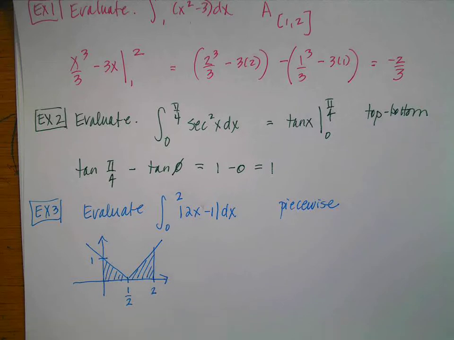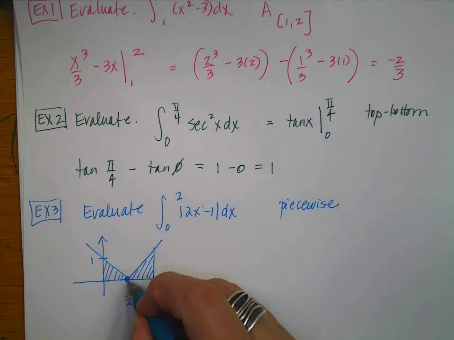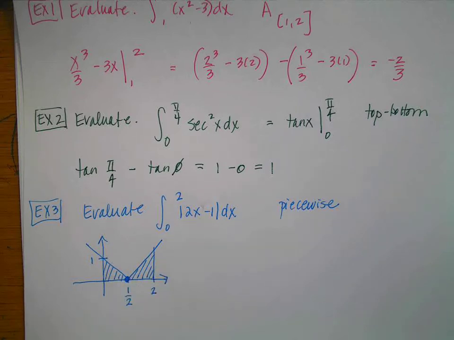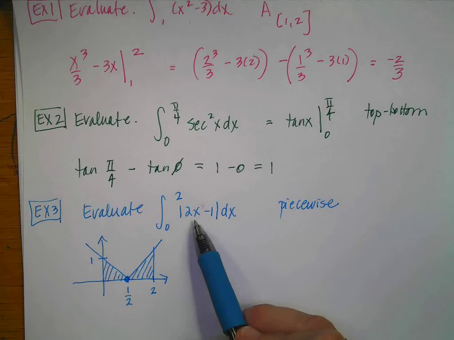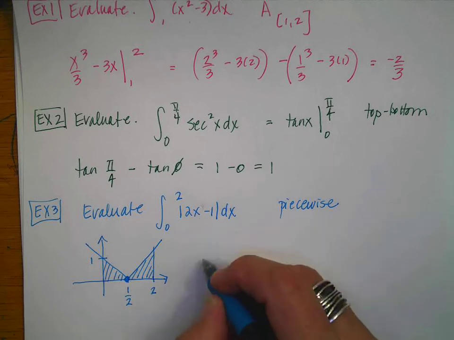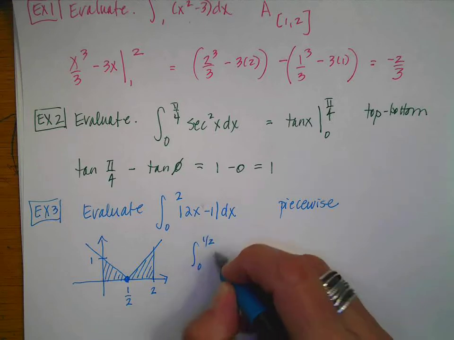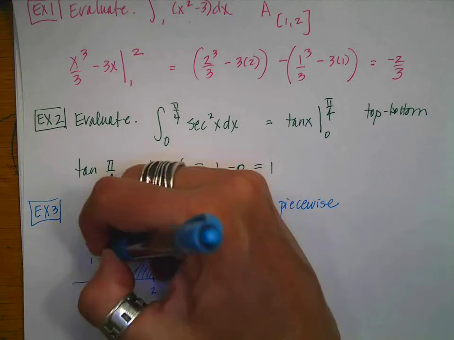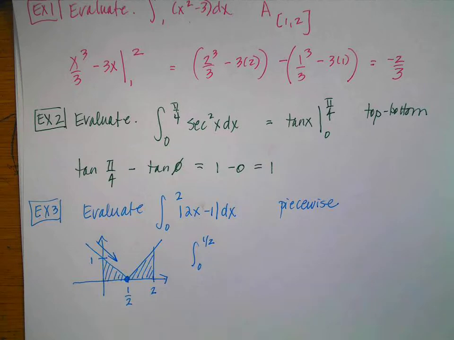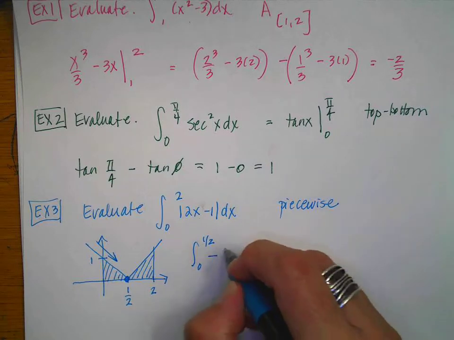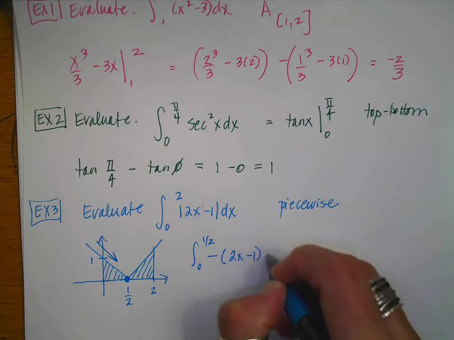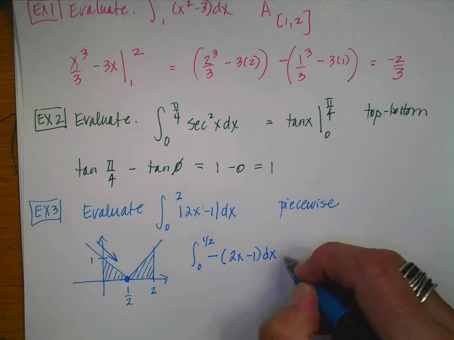Well, the interesting thing is, because I can't take the derivative at a sharp point, I need to split up my integral. So I'm going to integrate from 0 to a half, and because it's an absolute value, the slope of this piece is negative, so I'm going to do the negative of 2x minus 1 dx.